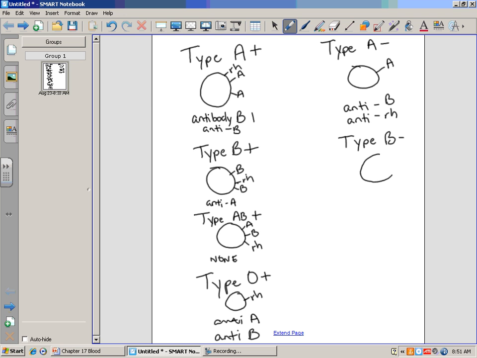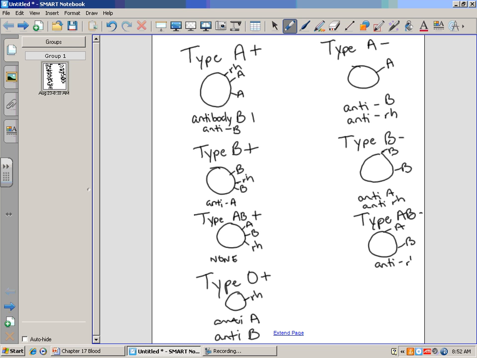So B negative, what's he got? He's got B's. What antibodies? Very good. Anti-A, anti-Rh. Good, y'all are getting faster. That tells me that you're understanding. Type AB negative, what's he got? A and B. What antibodies?